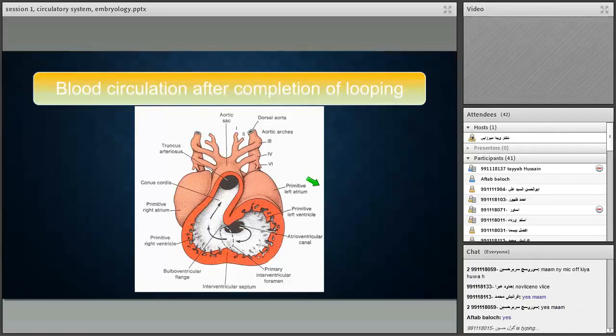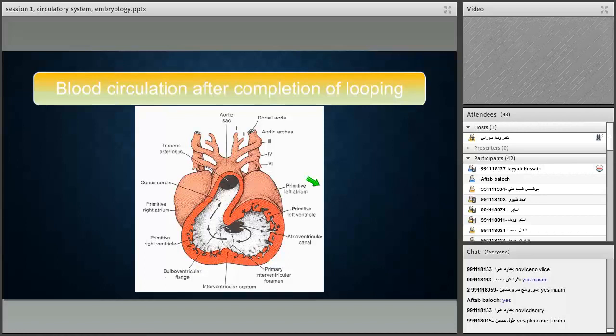About the blood circulation after the completion of the looping, the blood will enter the primitive atrium from the sinus venosus, and after that it will enter the primitive left ventricle, passing through the primitive interventricular foramen into the primitive right ventricle, and then, passing through the conus cordis, it will enter the truncus arteriosus, the aorta and pulmonary trunk, the aortic arches at this stage.